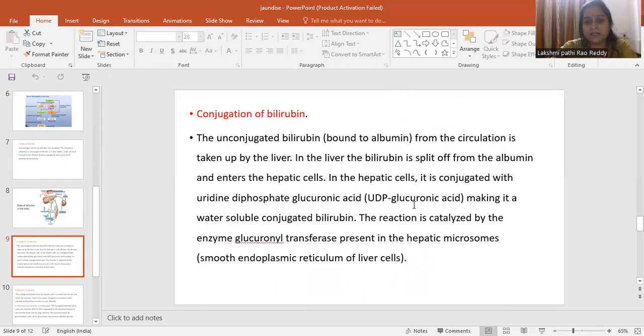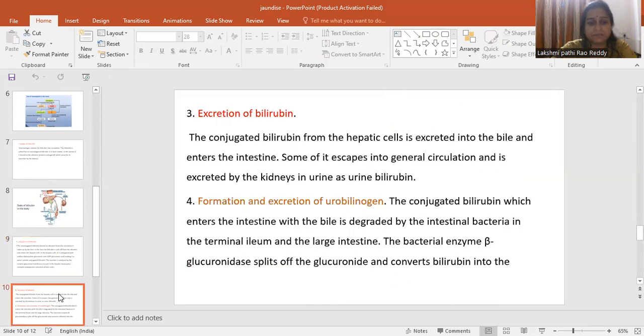In the hepatic cell, it is conjugated with uridine diphosphate glucuronic acid, making it water soluble conjugated bilirubin. This reaction is catalyzed by the enzyme glucuronyl transferase, which is present in the hepatic microsomes, the smooth endoplasmic reticulum of liver cells.